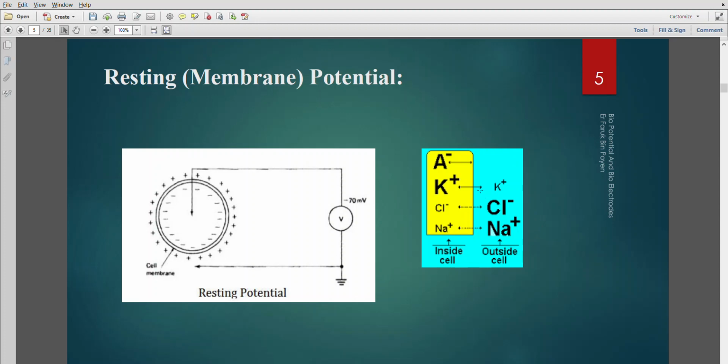The bigger symbols show more concentration outside the cell, and the smaller ones show lesser concentration in the cell. The anions and proteins make the cell negative, while the chloride, sodium and potassium outside make it positive. So the cell is negative at rest when compared to the outside.